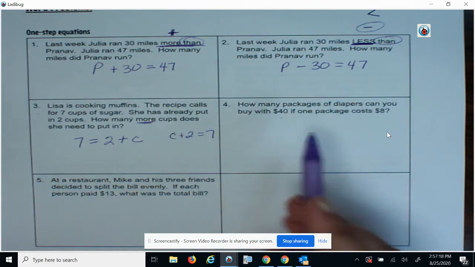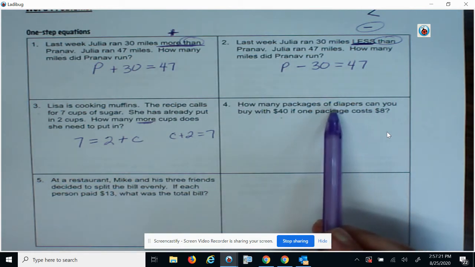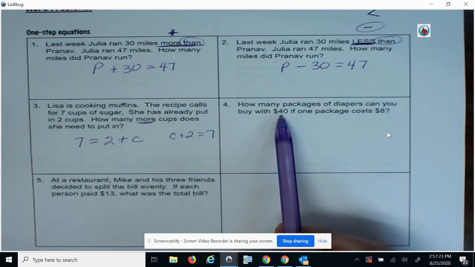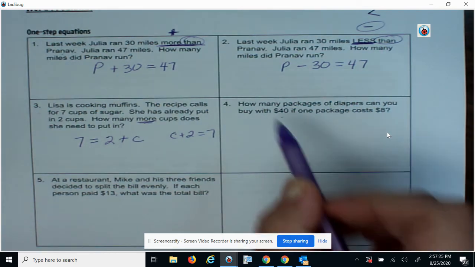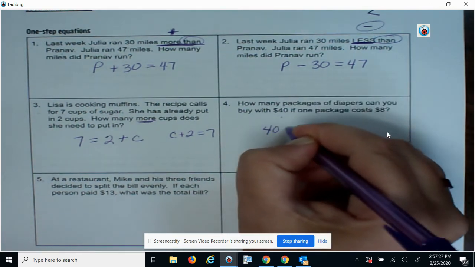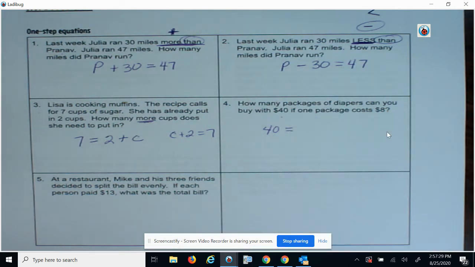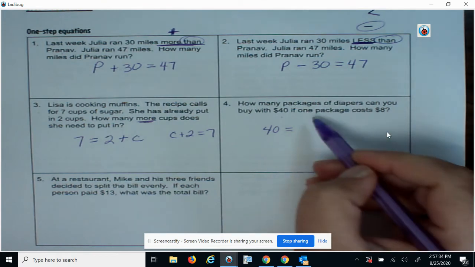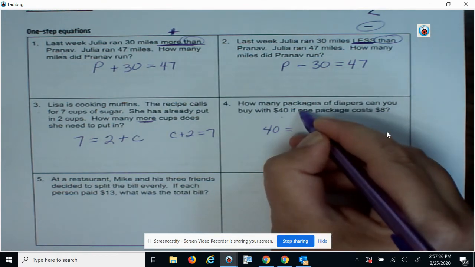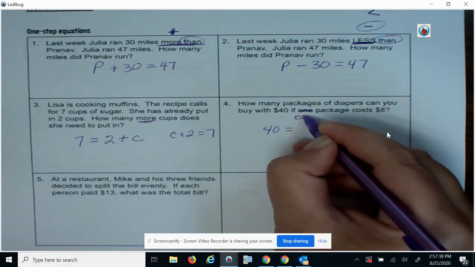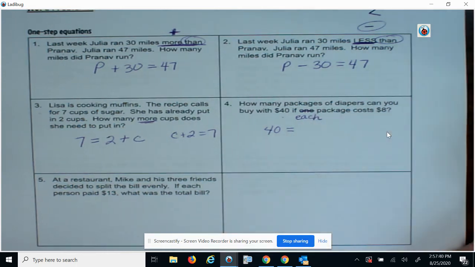Okay, so you have $40 total to buy diapers. Okay, so I'm going to write that 40 equals. One package costs $8. So if one package is $8, then I want to translate to each package is $8.